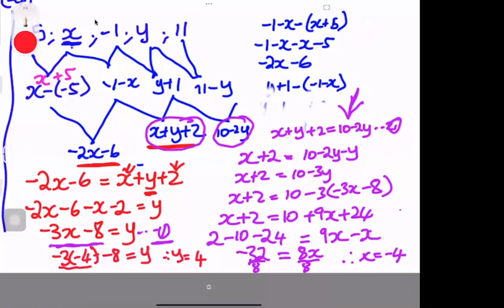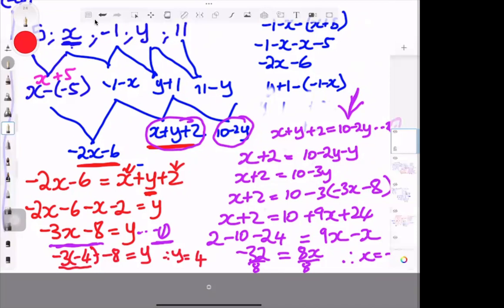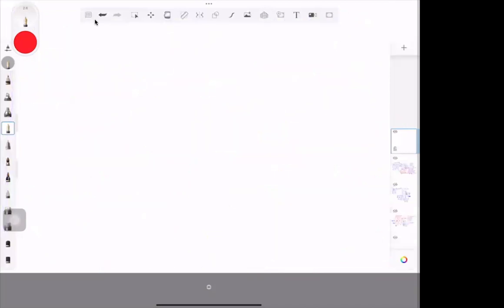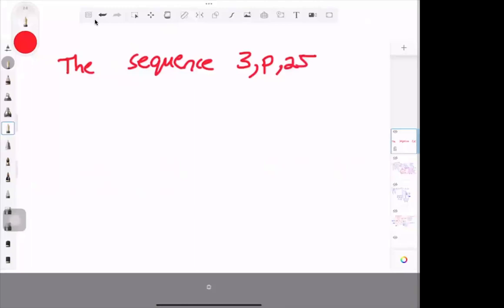And the question is, the sequence 3, P, and 25 is a quadratic sequence.